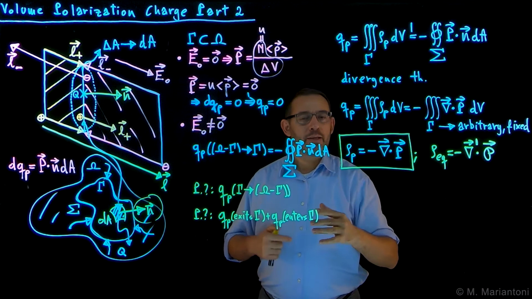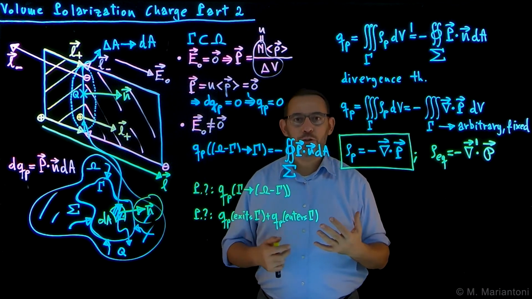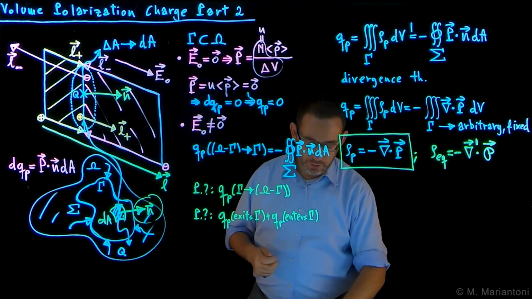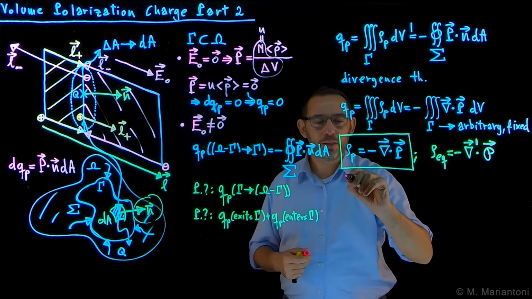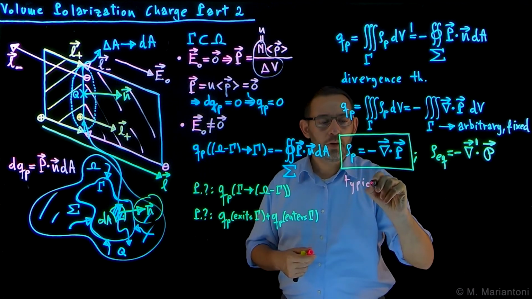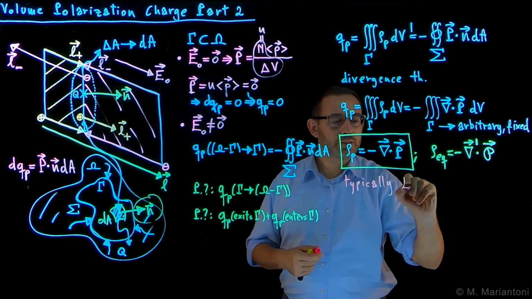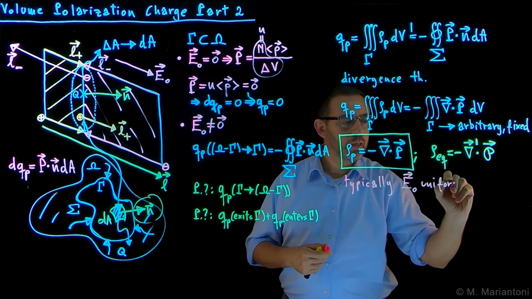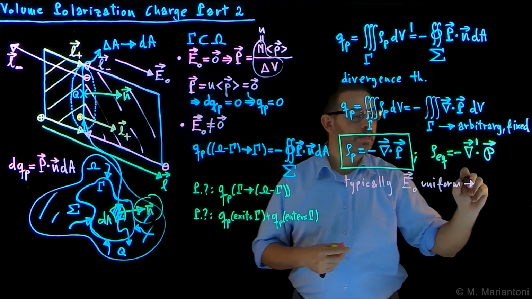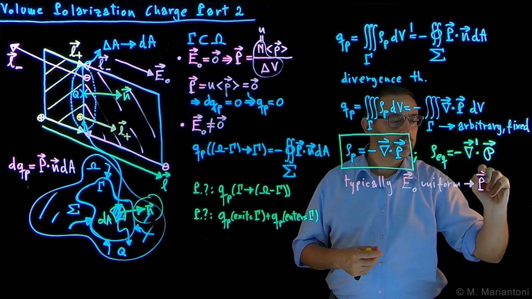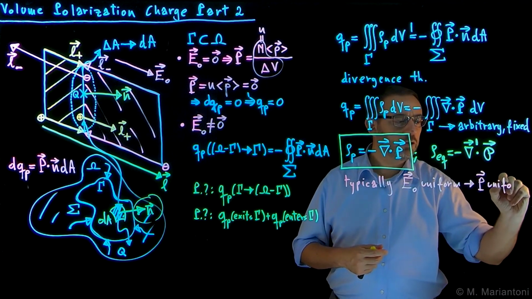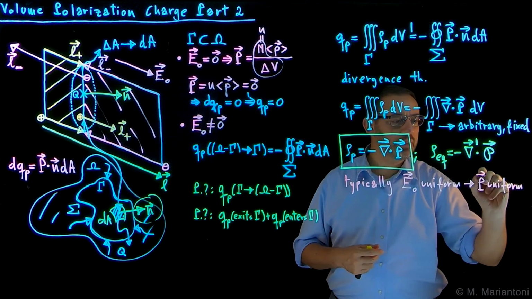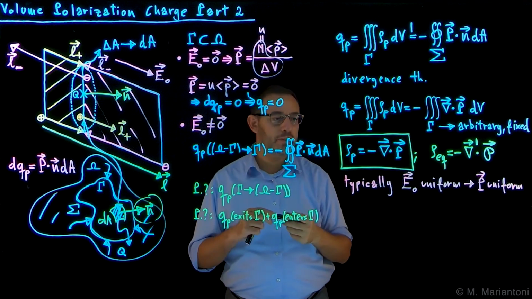And obviously, as we shall see later, there is a connection: when E naught is uniform, it also follows that P is uniform. It's not always necessarily true, but for all the materials that we will consider, this is true.